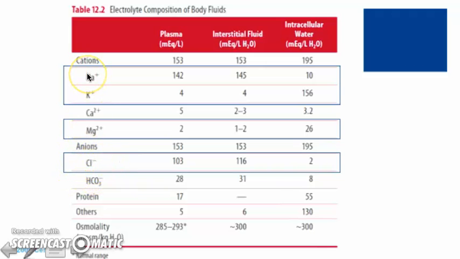The other electrolyte that is going to be in higher concentrations in the plasma as compared to inside the cell is sodium. However, we see that sodium is the cation. So sodium is going to be the primary electrolyte that is the cation in plasma or extracellular fluid, and then chloride is going to be the electrolyte that will be the anion balancing the sodium in plasma.